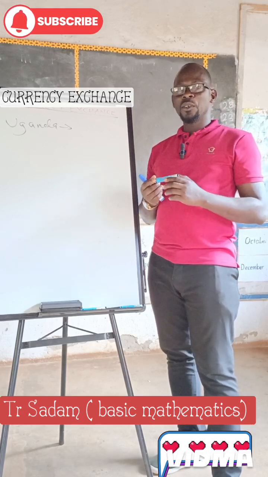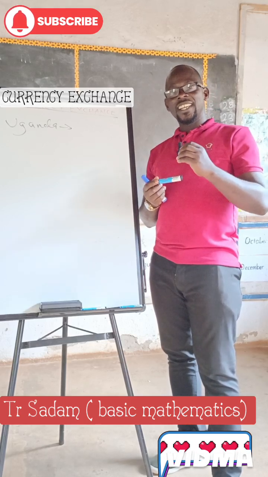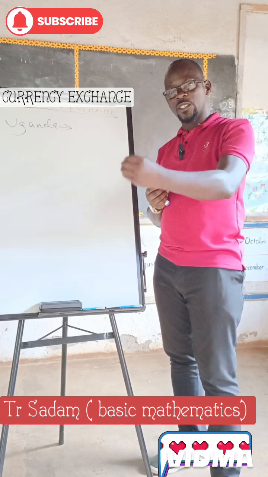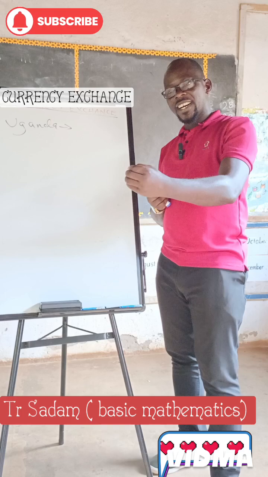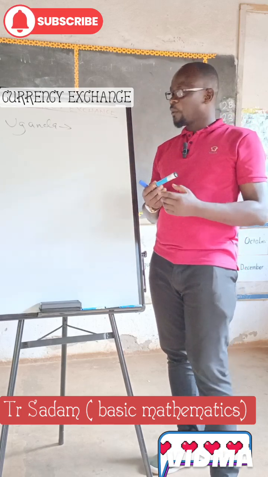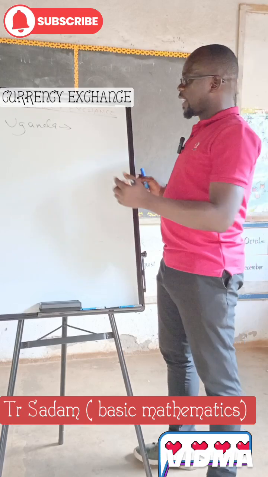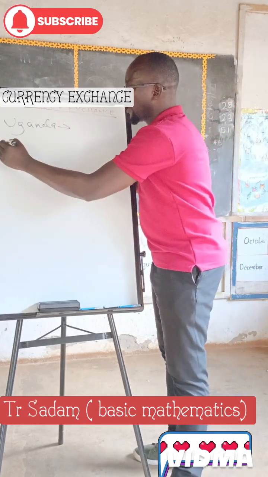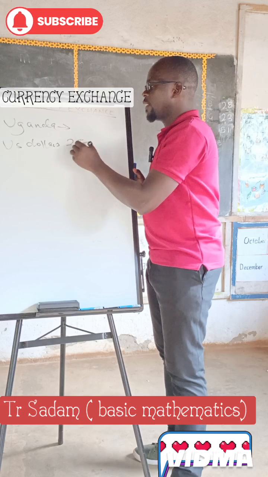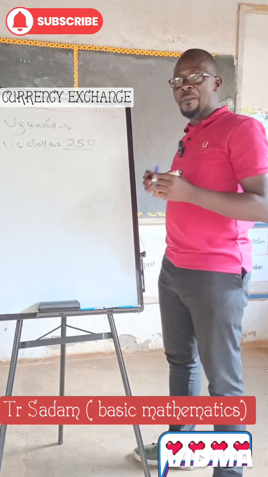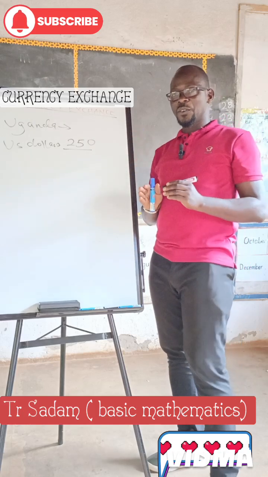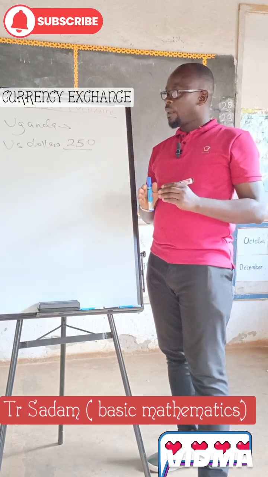What you are supposed to do, you have to understand that this money, which is in dollars, has to be exchanged with the Ugandan currency such that you can use it appropriately. Let's look at this example, that you have US dollars 250. This is what you have come with in Uganda, and you wish to exchange it all for Ugandan currency.